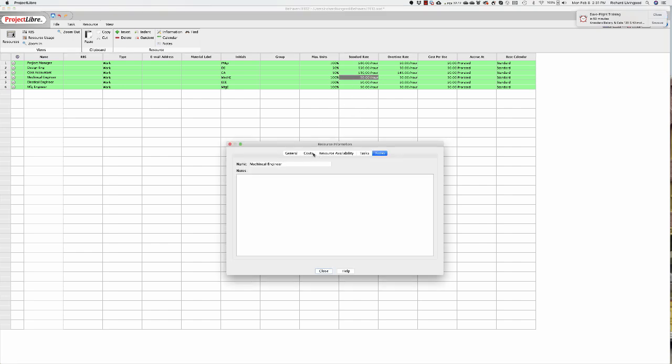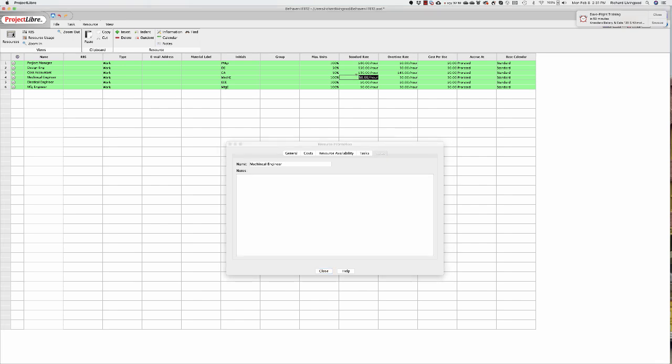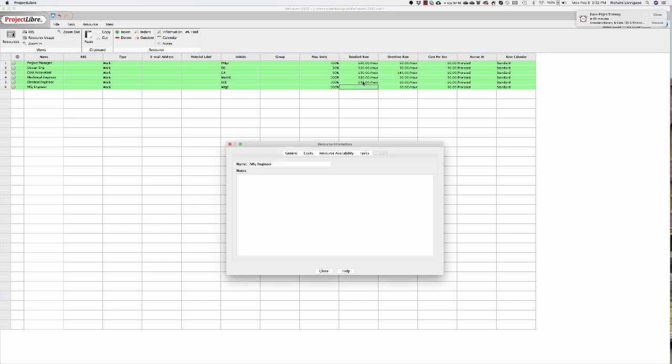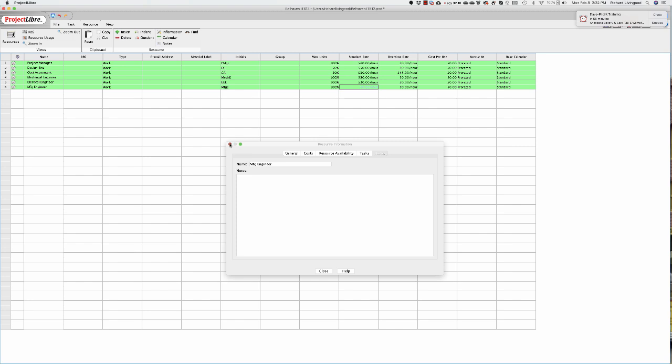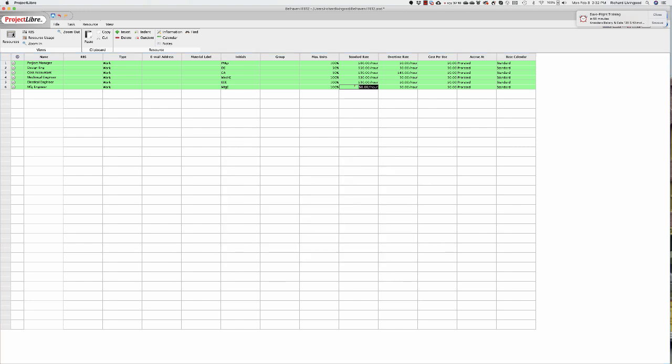Just because it's easy, let's make it $30 an hour, all the way down, just because it makes sense. It doesn't like the way I'm trying to do this. There we go. Now it'll work. Let's just assume they're all the same, and we won't give overtime either. We're just trying to demonstrate here.